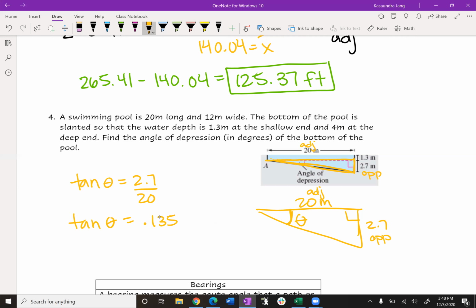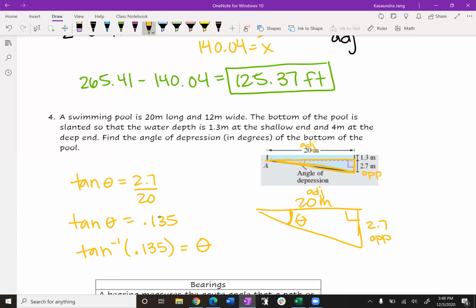And if it was something that I can recognize from the unit circle, great, I would go with that. But this messy decimal I'm not familiar with. I'm going to find that angle by doing a tangent inverse. Inverse functions kind of swap your input and output. I'm now going to put in the 0.135, and I'm going to get out my angle theta.